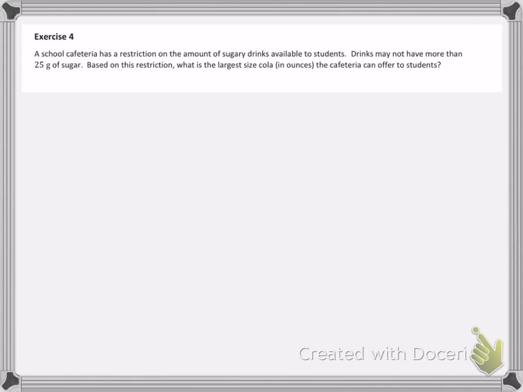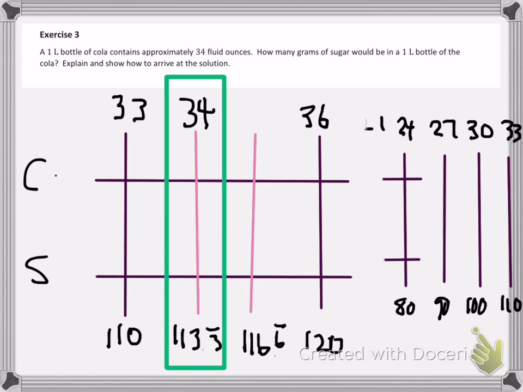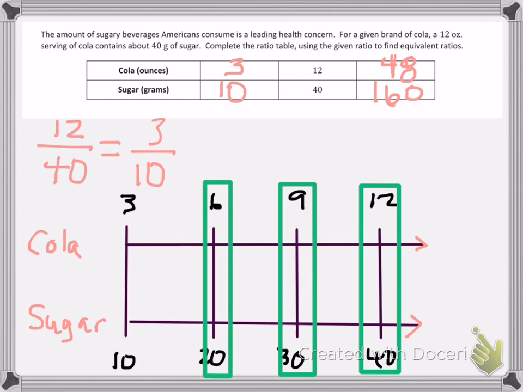Well, we can't go over 25 grams, so let's go back to our original, and you can see that we could go a little bit bigger than, let me show you, here's our 20, and there's 30, so we can go in between there. And remember, if we added some lines here, this would be 7, and right there, close, and then this would be 8.